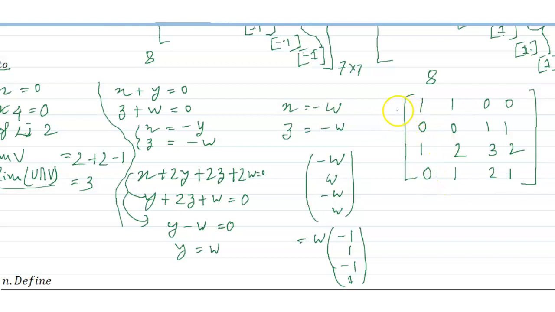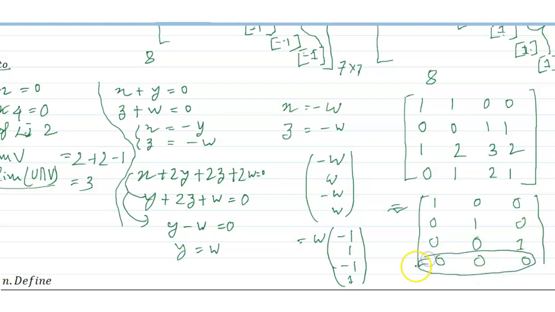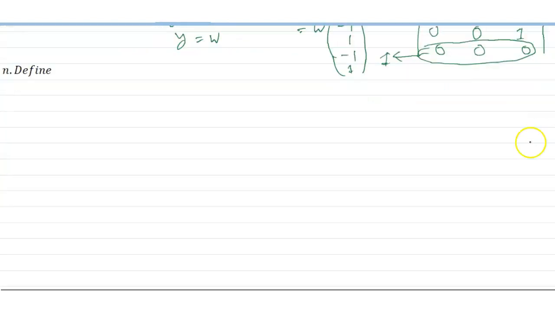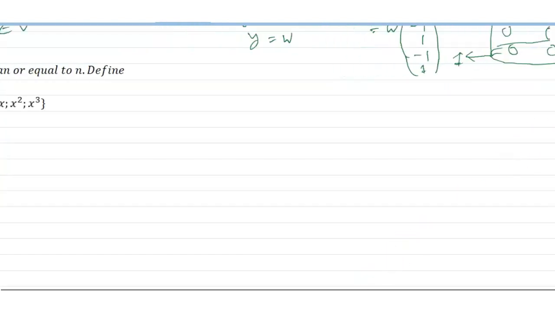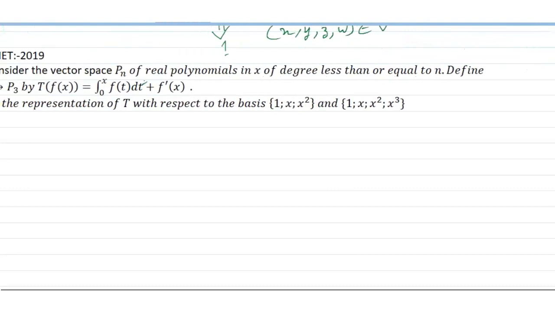This is your matrix, and after row and column operations you get an echelon matrix, and 0 0 0, this is my one free variable, so that's why it is 1. This way you can find out the intersection. Now let's go to solve another problem.